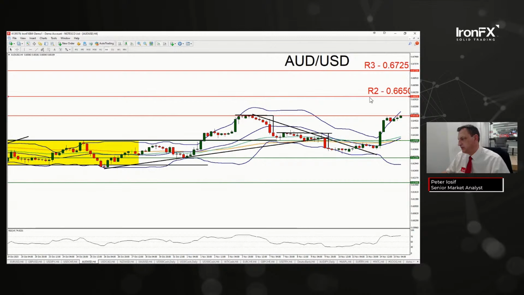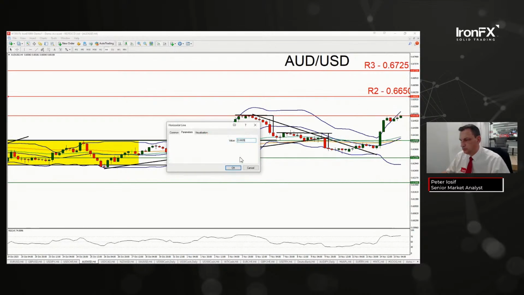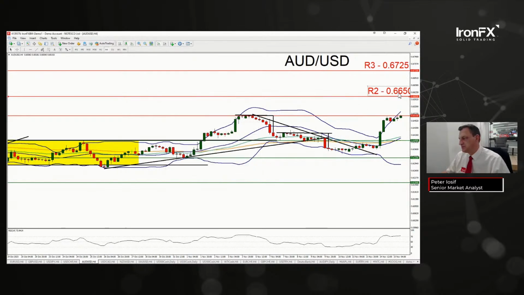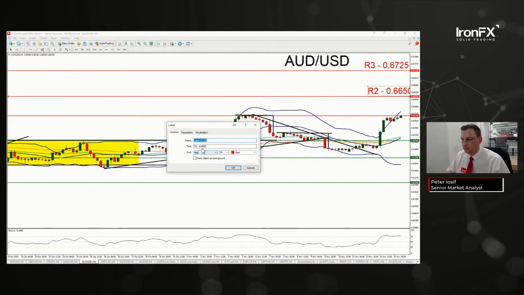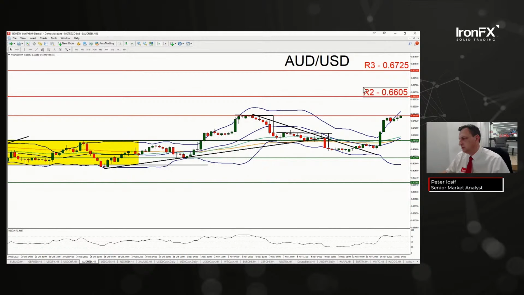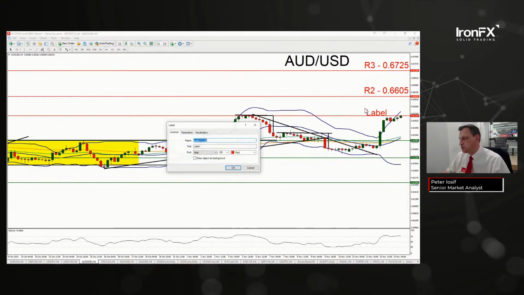Let's confirm that. Sorry, that should be 0.6605. Now, the first resistance line, which is now being put to the test by the pair, would be the R1 0.6515.